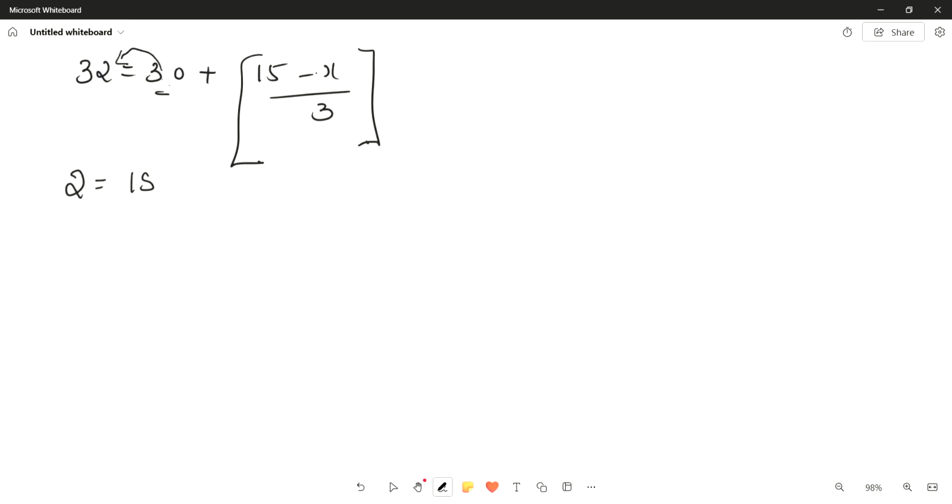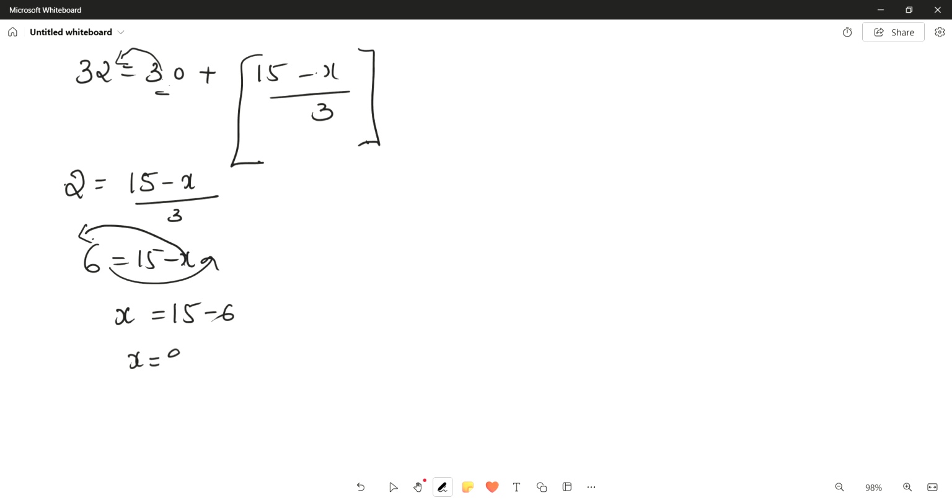Okay, so that is equal to 15 minus x by 3. 3 into 2 is 6, is 15 minus x. Now minus x shift to here, 6 to the other side. So minus x will become plus x, that is 15 minus 6. So x will be equal to 9.